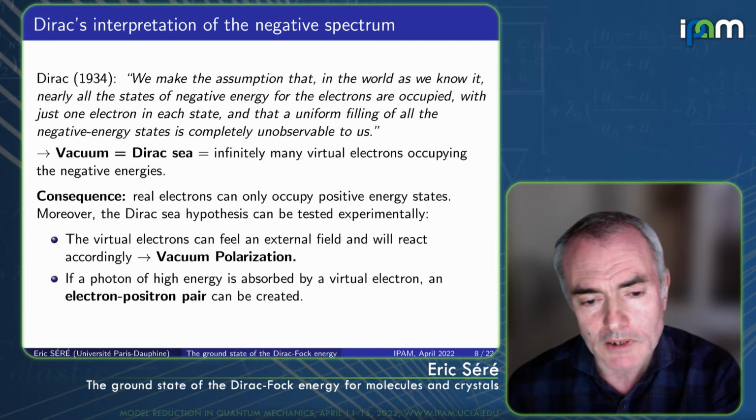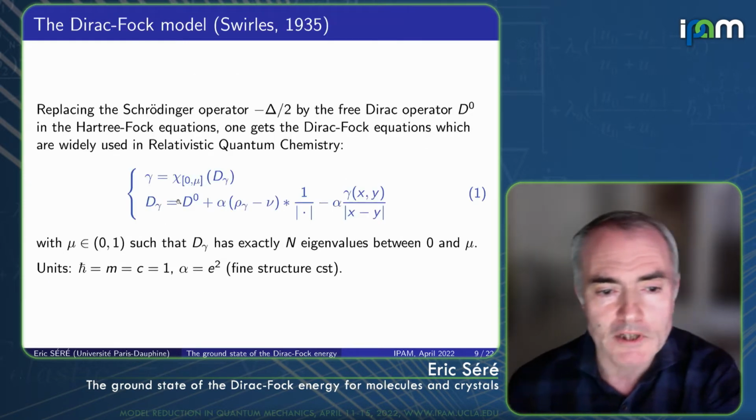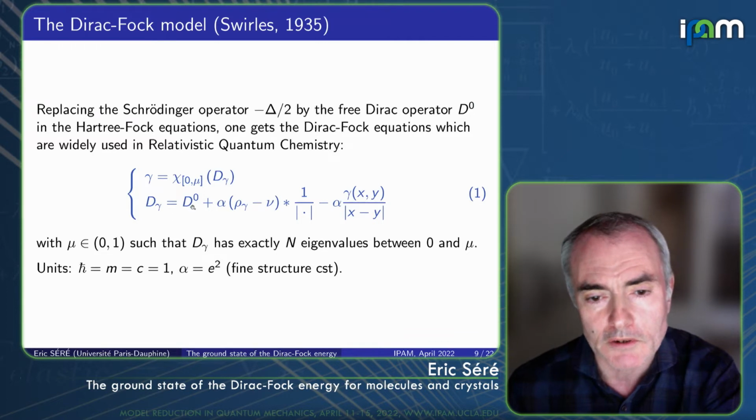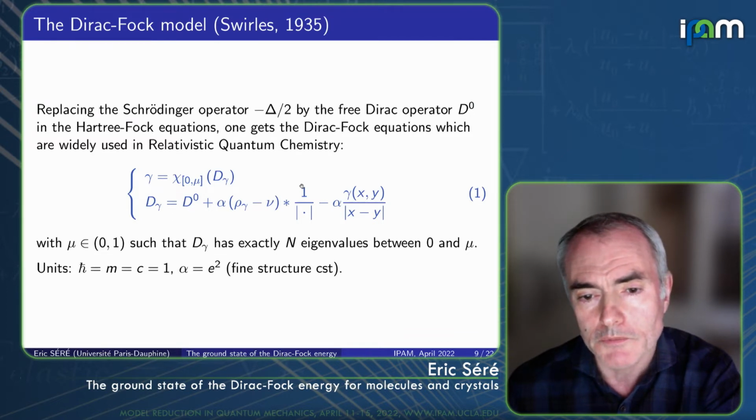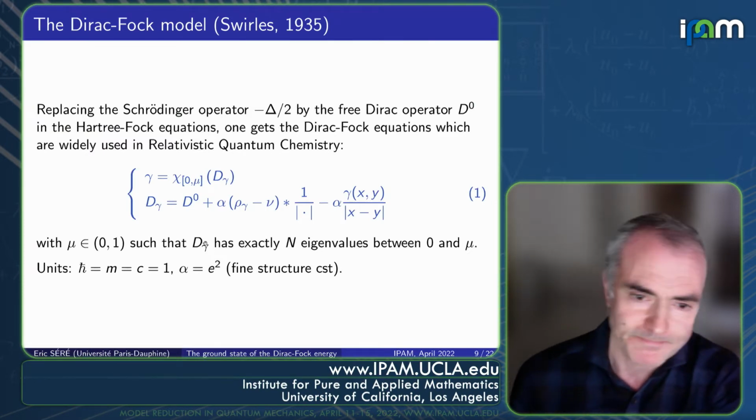But we cannot do that in relativistic quantum mechanics, because D0 is a first order operator as well as the Coulomb potential. So there is a dimensionless constant that has to appear, which is this alpha here. And this alpha has a physical value which is about 1 over 137.